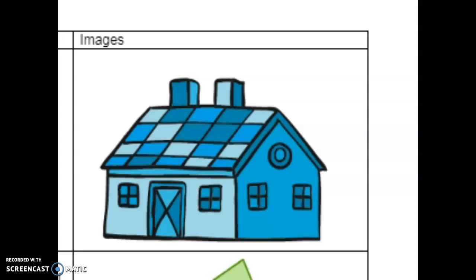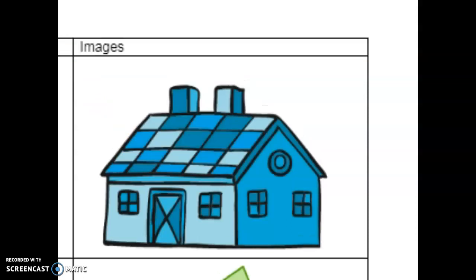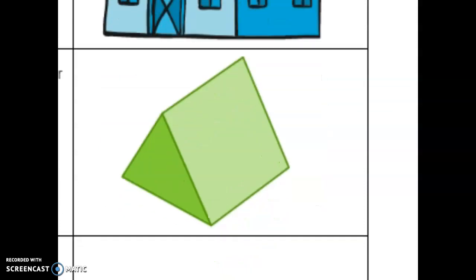What are examples of polyhedrons in everyday life? Well, you see here an image of a house, and most of the houses around us are polyhedrons because they are made of flat surfaces. Have you seen a chocolate bar in this shape?